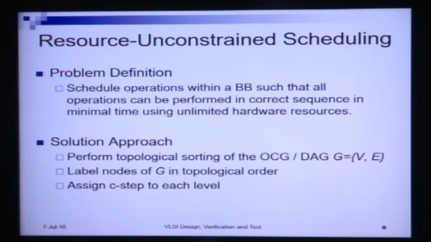So the first type of scheduling that we had mentioned was resource unconstrained scheduling. The problem definition is this: schedule operations within a basic block such that all operations can be performed in correct sequence in minimal time using unlimited hardware resources. So there is no limitation on the hardware resources that we have.